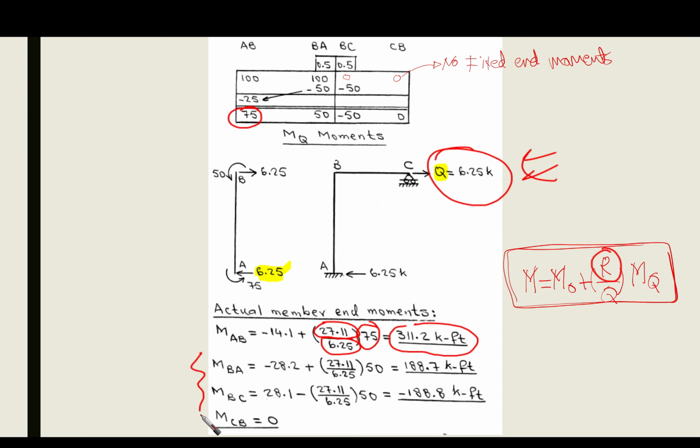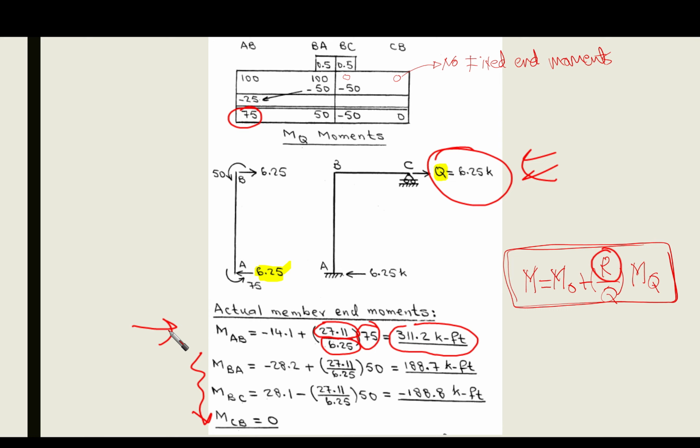You can do the same for the remaining actual member end moments, the same strategy. So this is the first example for us using the moment distribution method and using the two-part steps that we have explained before.